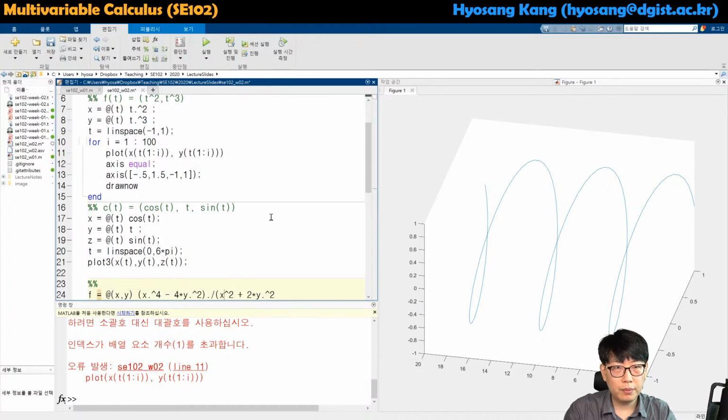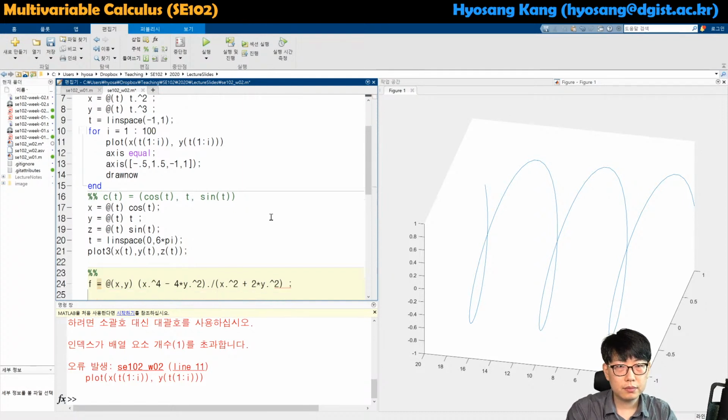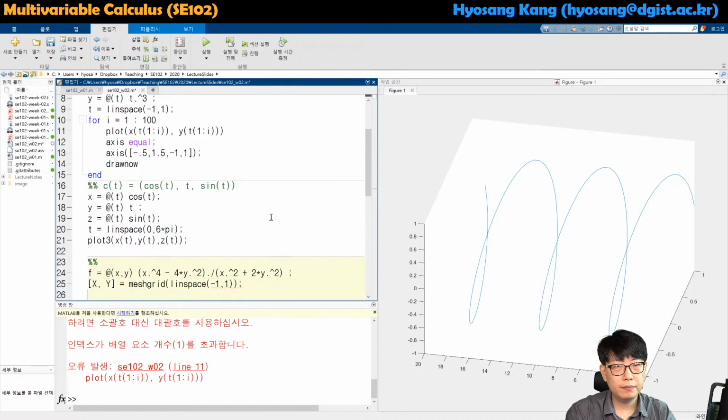I forgot the dot here, dot. And then do the same as what I did in the previous example, meshgrid. Let's say I want to plot this around (0, 0), so minus 1 to 1. Okay. And then surf(x, y, f(x, y)).